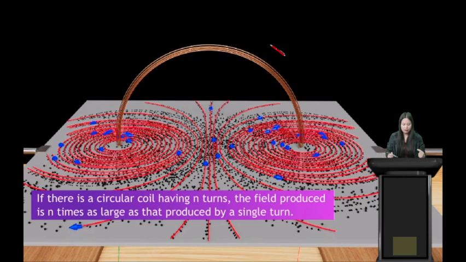So if a circular loop has n turns, then the field produced will be n times as large as that produced by a single turn. So just like a bar magnet, with the increase in thickness, the strength of the magnetic field also increases. In a circular loop, with the increase in number of turns, the strength of the magnetic field produced also increases.